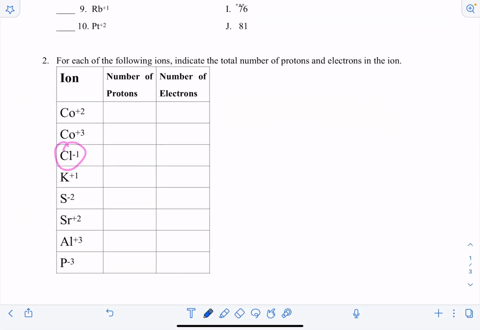So when I'm looking at the number of protons, I'm going to write 17. Now, because it has a negative charge, I'm going to add an electron because it's a -1. So it has a total of 18 electrons now. Okay, so please remember to use your notes and your periodic table, and you have a classwork assignment.